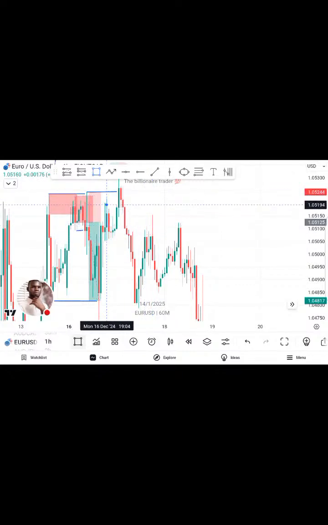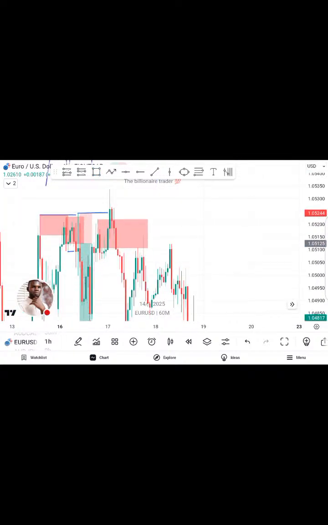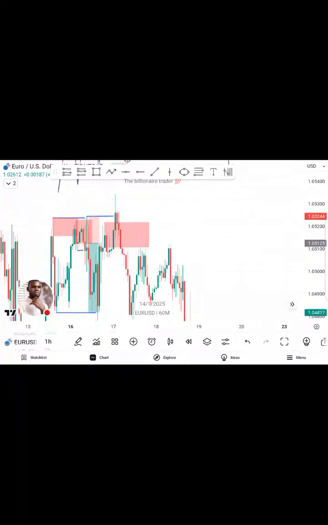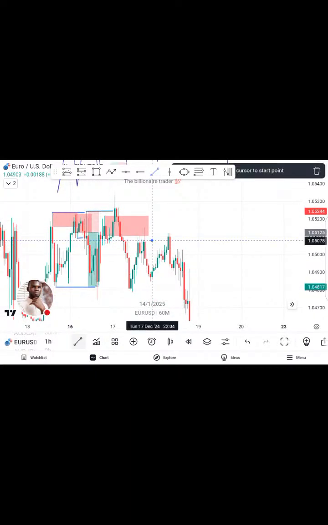This is the area of the reaction here, this candle. Then the reaction was formed before invalidating that eye, before breaking that structure, and we have this change of character.